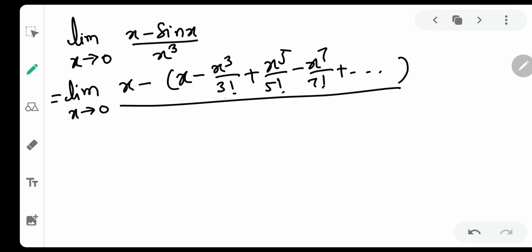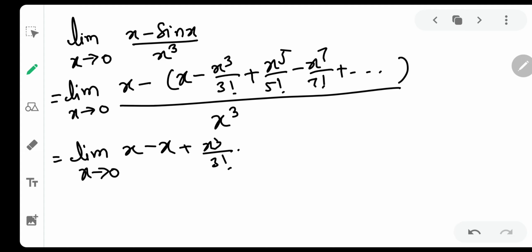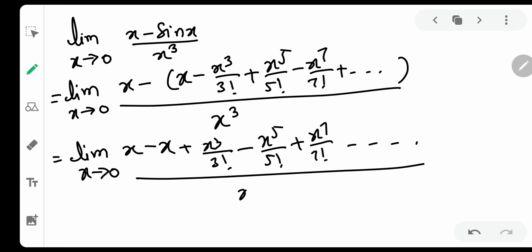As x is tending to 0, this series can be applied. Let us open the bracket: (x − x + x³/3! − x⁵/5! + x⁷/7! ... till infinity)/x³.